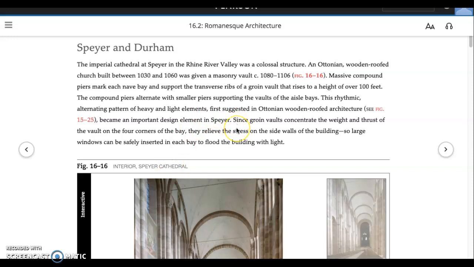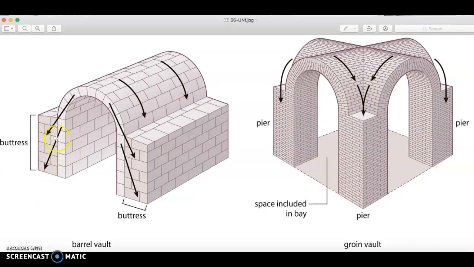Here's an important sentence. Since groin vaults concentrate the weight and thrust of the vault on the four corners of the bay, they relieve the stress on the side walls of the building. Let's look at the diagram again. So remember, this vault curved form is made out of stone, super heavy.